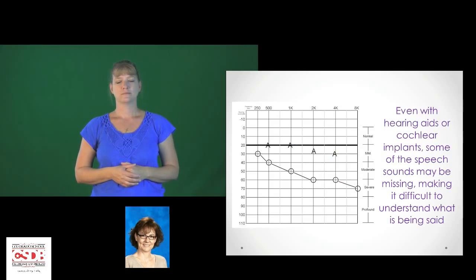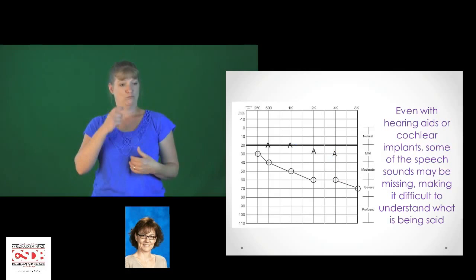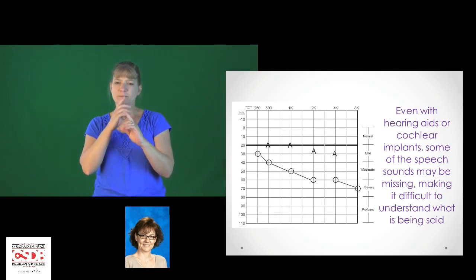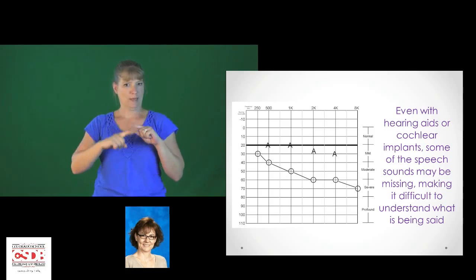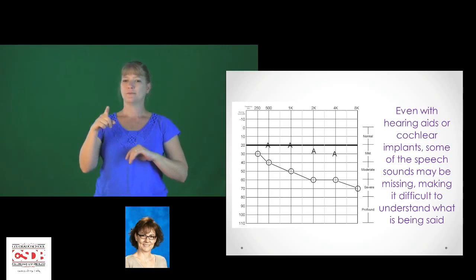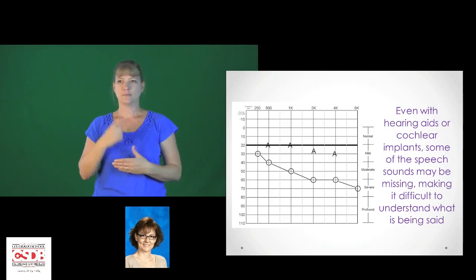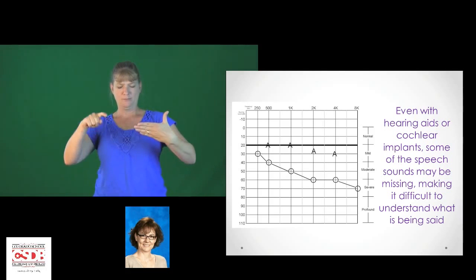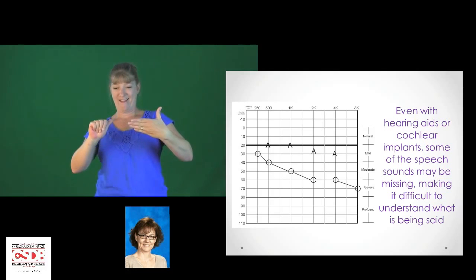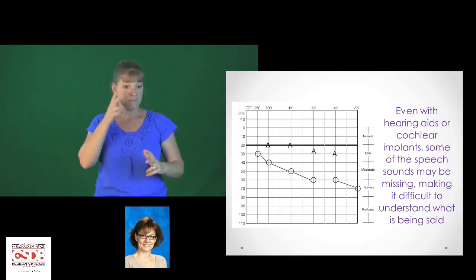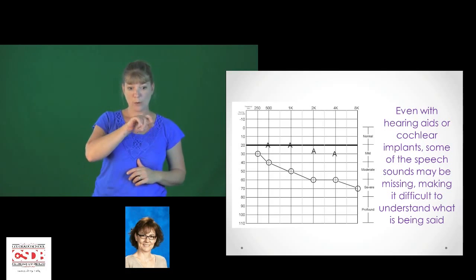So even if someone's wearing a hearing aid or a cochlear implant, some of the speech sounds may not always be heard. In this example, this person's wearing a hearing aid in the right ear. But as you can see on the audiogram, where it has the A's, it shows that they can hear low frequencies better than the high frequencies.